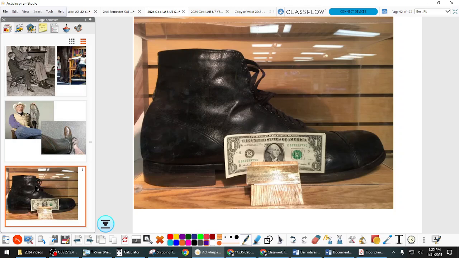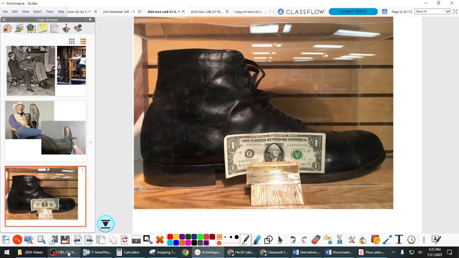See if you can come up with the strategy. I'll leave the picture up here. See if you can come up with the strategy to use similarity, and proportionality is really what I'm saying, to figure out the actual length of his shoe. And you'll probably need to come up here. That'll give you a hint.